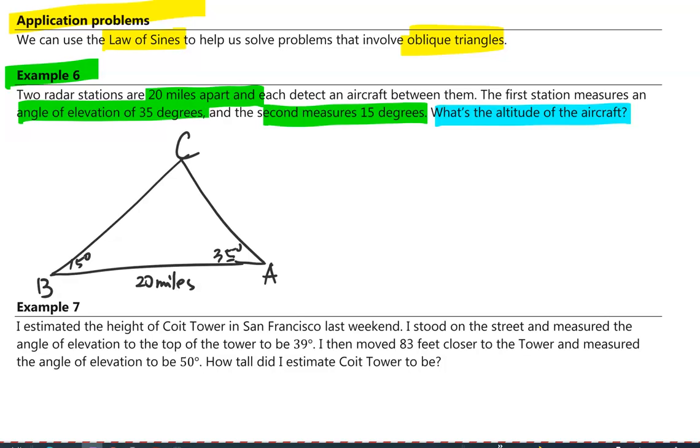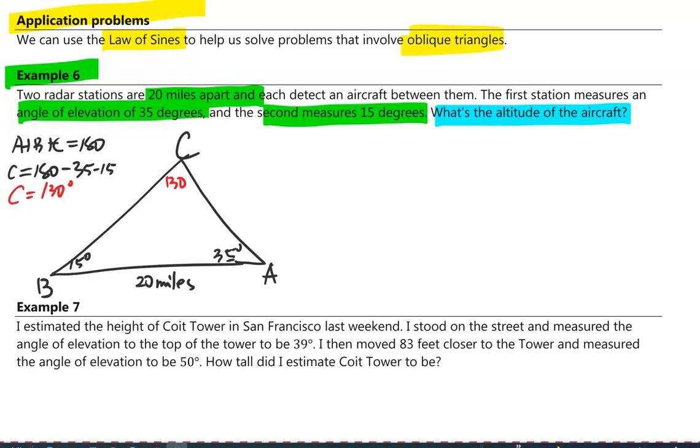So this is, say, angle C, and then we will be able to solve angle C. That is, we know that A plus B plus C is equal to 180. So angle C is 180 minus 35 minus 15. So C is equal to 130 degrees. So this is 130 degrees.